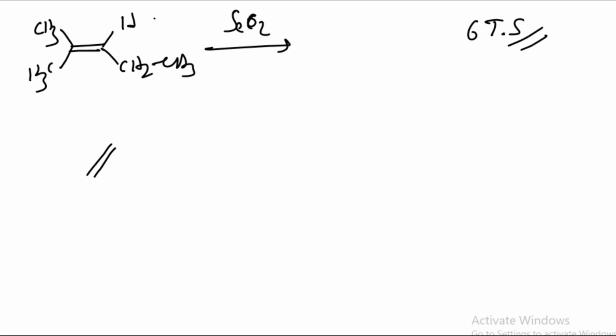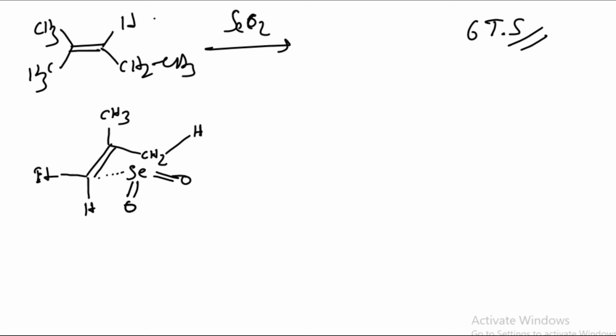This is a double bond, this is another 1-methyl, this is CH2, and there is a hydrogen here which is to be abstracted during the ene reaction, and there is an ethyl, and there is a hydrogen, and there is a selenium, and there is oxygen, and another oxygen.